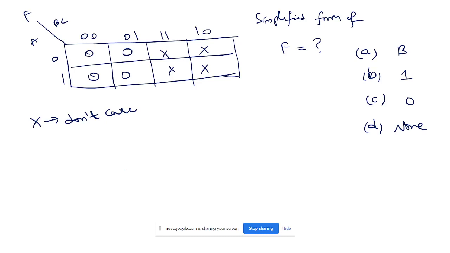Just give me a minute, guys. Let me turn on the fan. Yeah, I'm back.